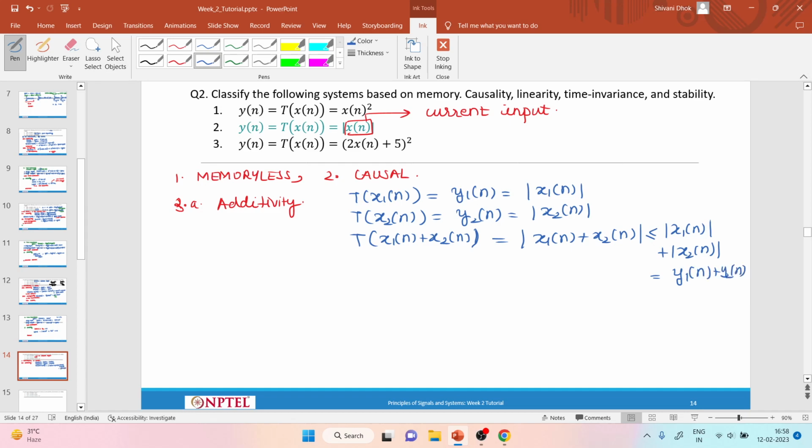So basically this thing is less than or equal to y1 of n plus y2 of n, and it is not equal to. It will be equal in very special cases and not for any general case, and that's why this is not additive.